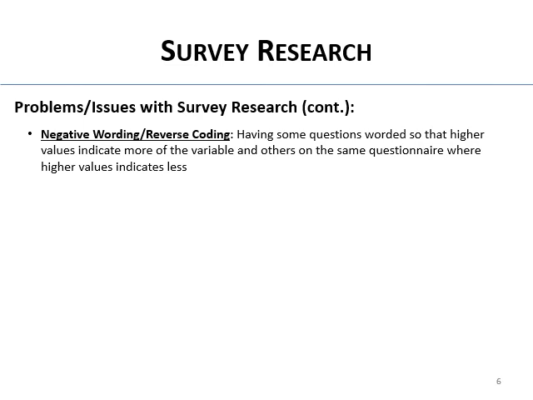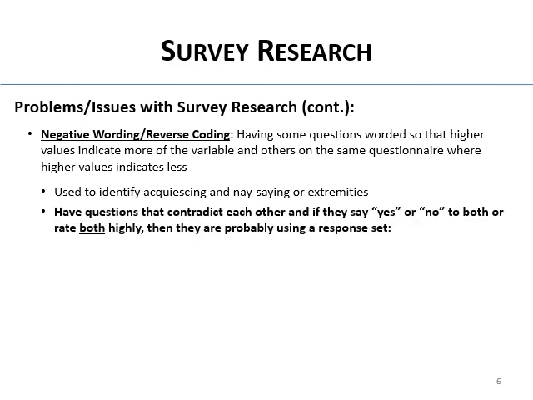So we use these negatively worded questions again to catch people who are just being inconsistent, giving BS answers, or using extremes. So you can have, for example, questions that contradict each other, so that someone who says yes to both or no to both or rates both highly, they're clearly not responding honestly. They're just giving you garbage data.